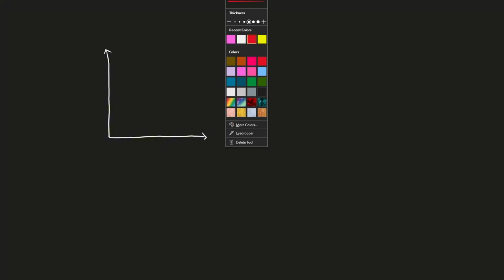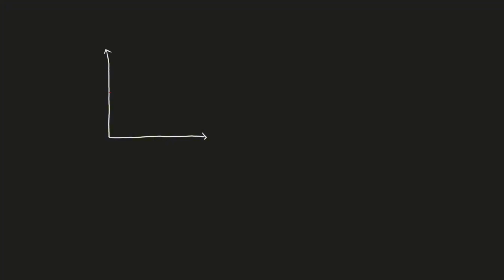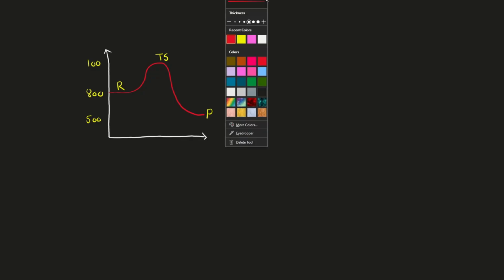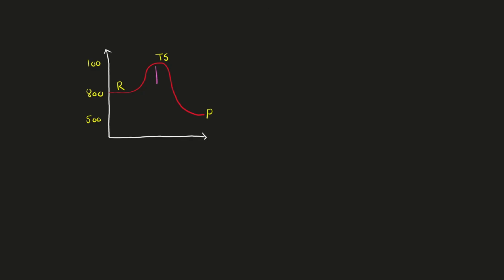Let's understand it with some supposed values so that you understand it better. Let's say product values are at 500, the reactants are at 800, and the transition state is at 1000. If you want to get the value of forward activation energy, it is the difference between the transition state and reactants.